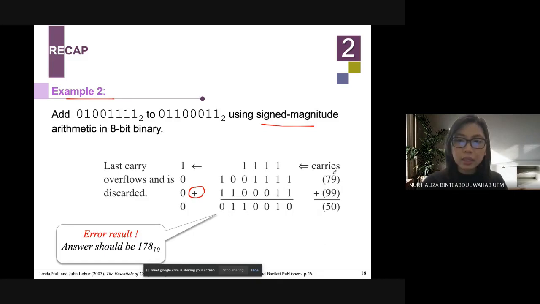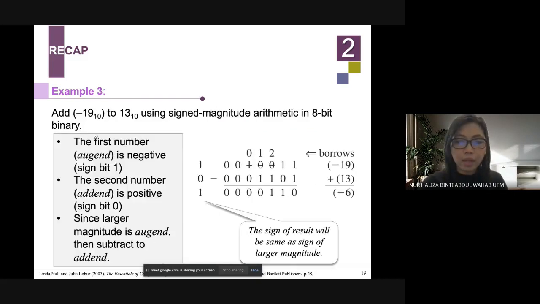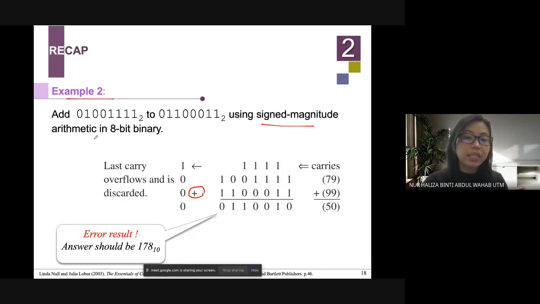This one is quite similar to the previous example 1. But over here you can see that it gives you an error result. So why did it happen? The last carry overflow is discarded.